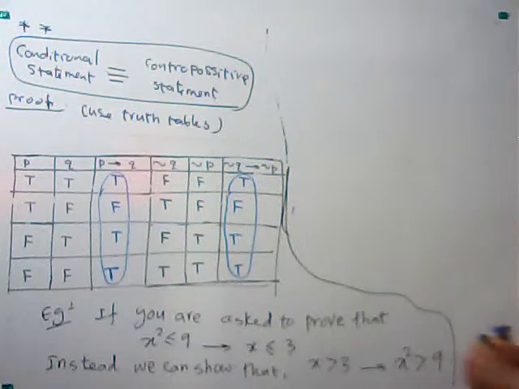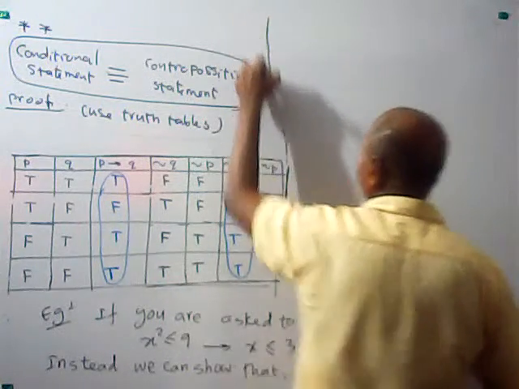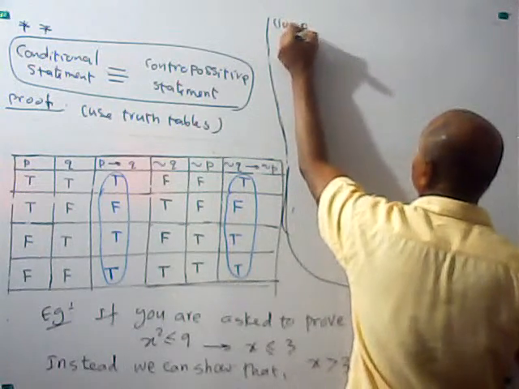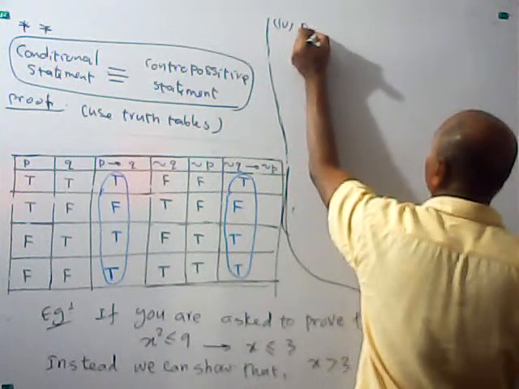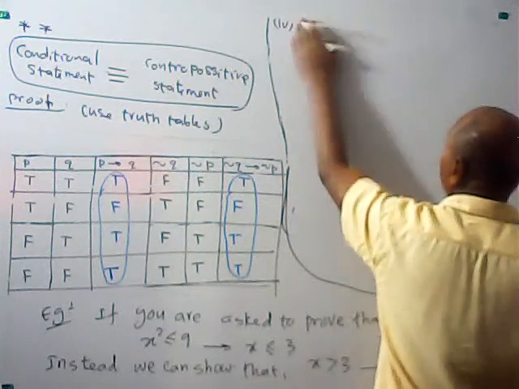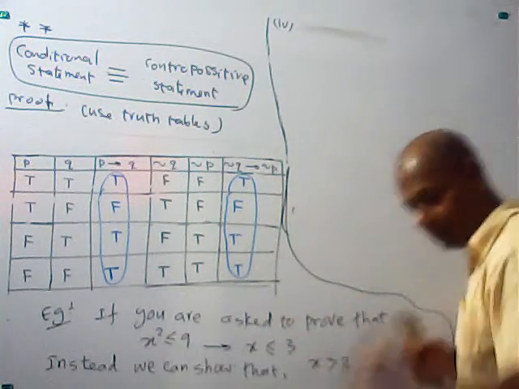Let's do that for the conditional statement here. Number 4, the biconditional. The fourth connective is if and only if. If then, if and only if.